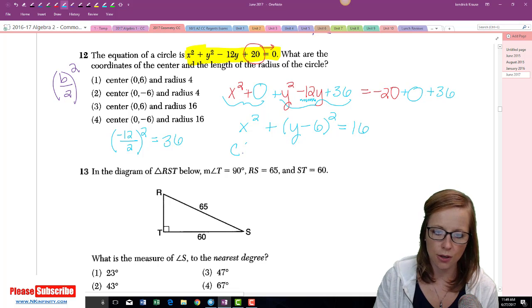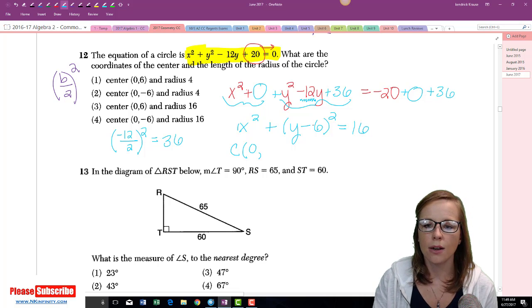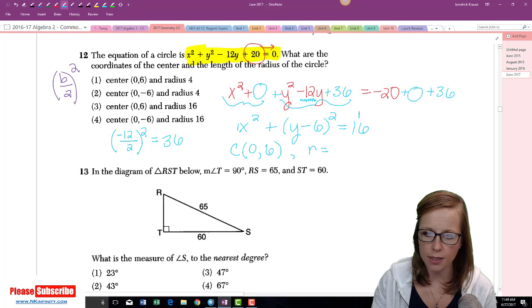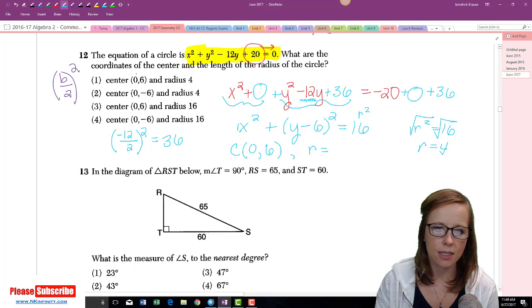So the center of the circle, there's nothing with the x here, so 0. You change the sign of the number inside the parentheses with the variable, so negative 6 becomes positive 6. And then the radius, this number is the radius squared. So if the radius squared is 16, then the radius is 4. So the radius is 4, and the coordinates of the center are 0, 6.